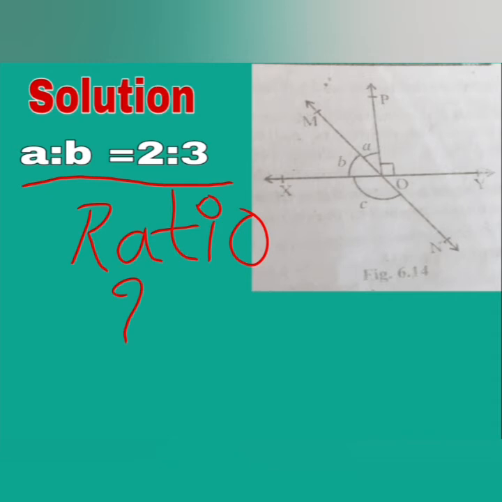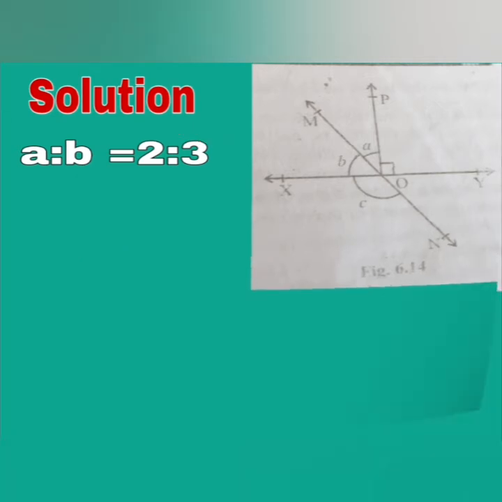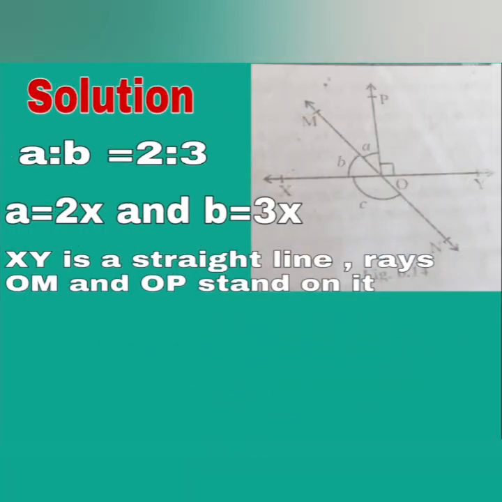This ratio can be cancelled by adding a variable to your numbers. To these two numbers, if you add a common variable, the same variable to both, then your ratio will get cancelled. That is, we can write this as A is equal to 2x, B is equal to 3x. By taking x as a variable, we can cancel this ratio.